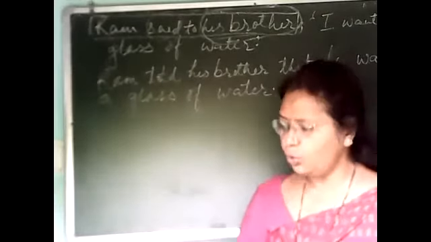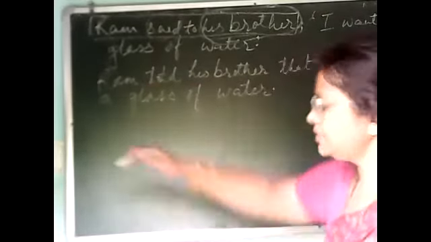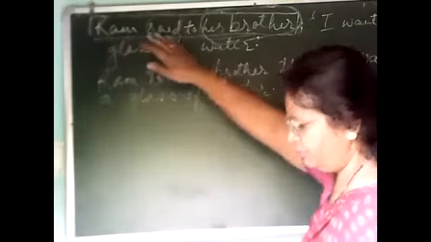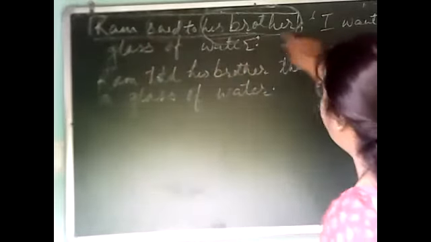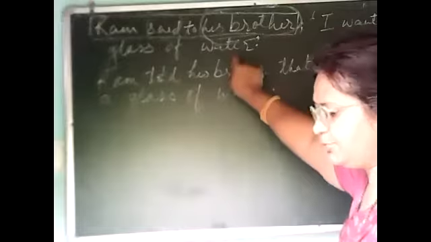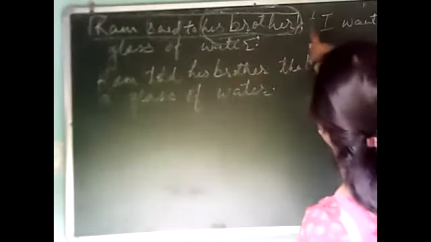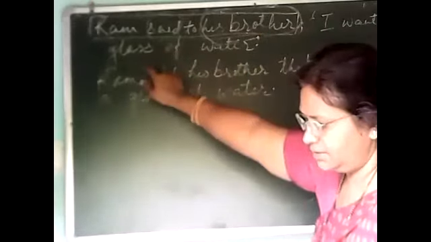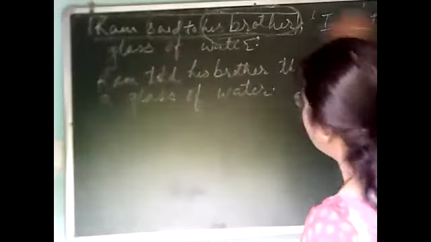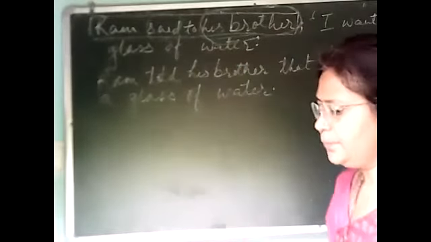What do we do when we write a direct sentence? We quote the sentence within inverted commas: "I want a glass of water."